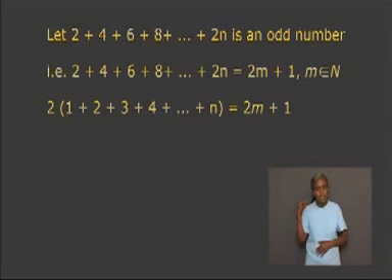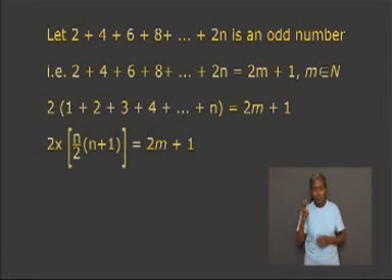Stated another way, 2 times n over 2 times (n plus 1) is an odd number, using our formula for the sum of arithmetic progressions. In this equation, we have n over 2 times (n plus 1), which is an odd number.